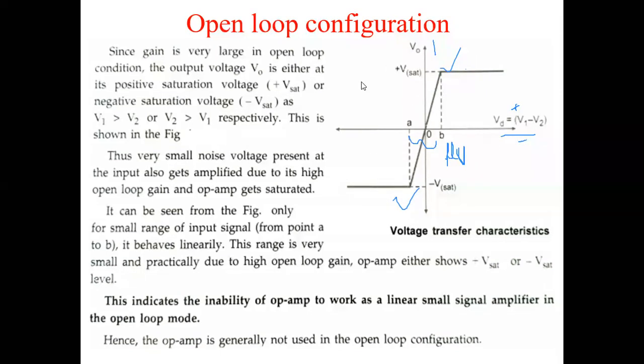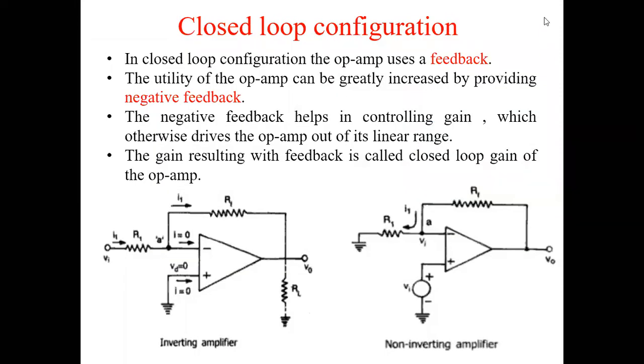Next, coming to the closed loop configuration. In closed loop configuration, the op amp uses a feedback. Generally we use negative feedback.